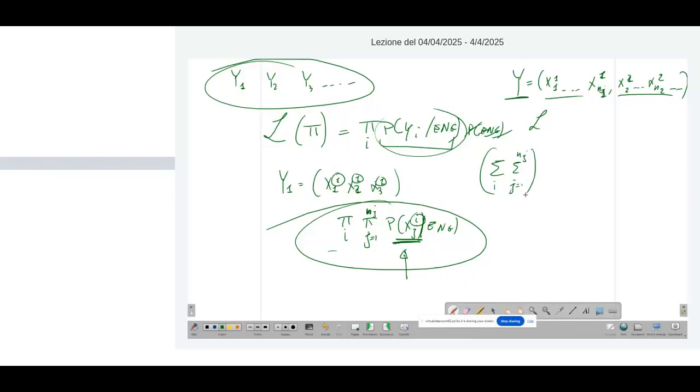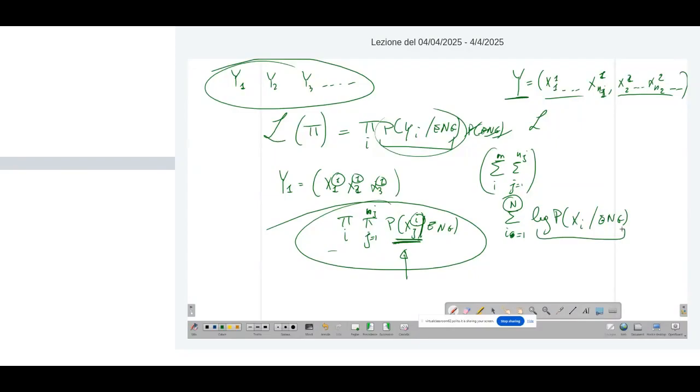But again, I can see this as a sum over a set, where M is the number of documents, in a set big N, which is a new document that collects all the words in my training set for English, of the log probability of the words that I observed given English.